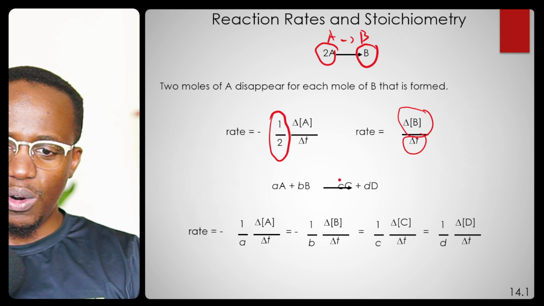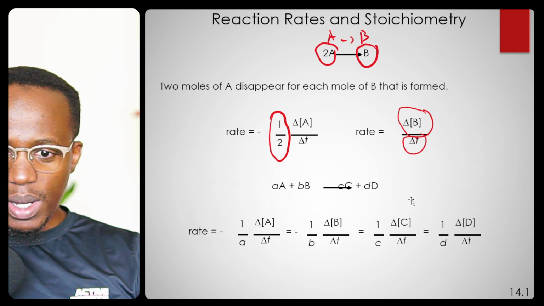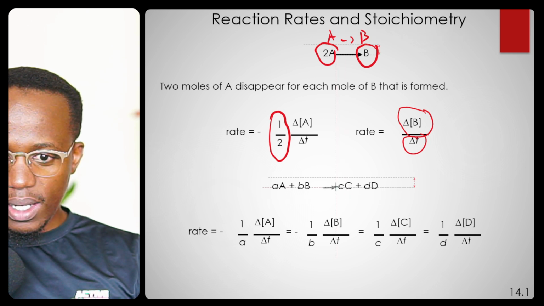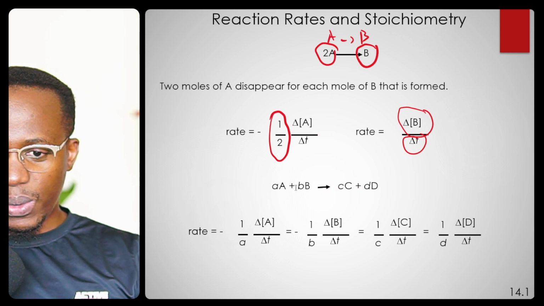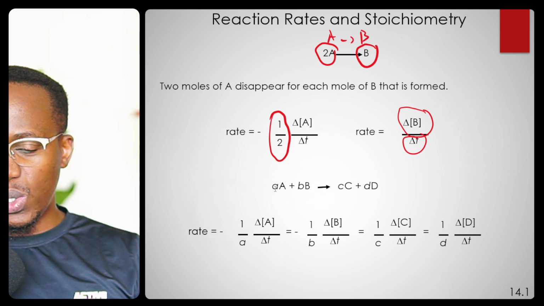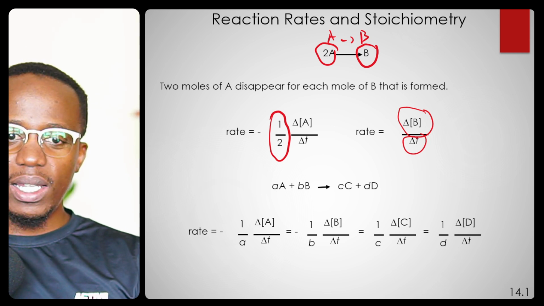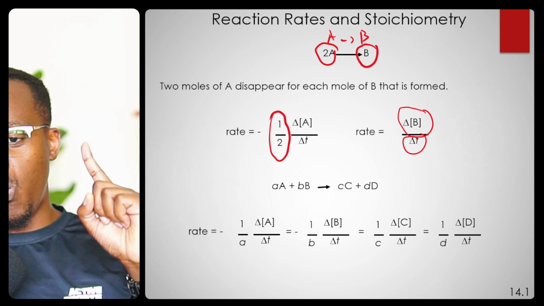So the overall equation, if I want you to give me the rate, is going to involve the coefficients. We have to keep in mind that not everything is a one-to-one ratio. It's not like one gives one.